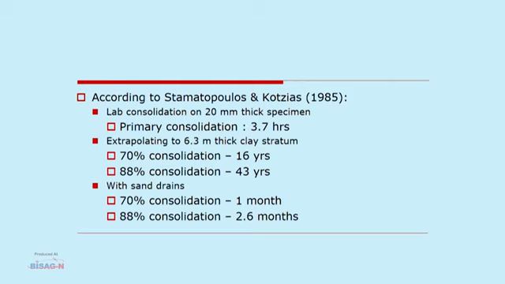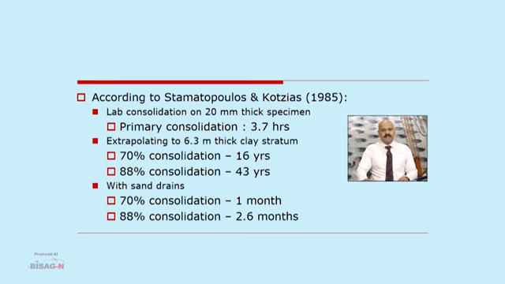According to Stanton-Mullus, 1985, lab consolidation on a 20 mm thick specimen: primary consolidation happens in 3.7 hours. Extrapolating to a 6.5 meter thick layer, 70% consolidation happens in 16 years and 88% consolidation happens in 43 years. With sand drains, 70% consolidation is achieved in 1 month and 88% consolidation in 2.6 months.